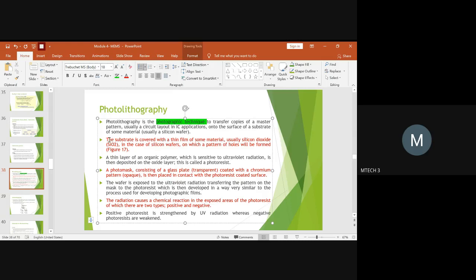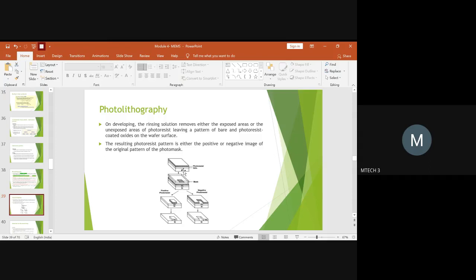The substrate here is covered with a thin film of some material, which I told you is silicon oxide. I told you the use of silicon oxide also: it helps to provide a grip between the substrate and the thin film. Hence, it is always essential to use an adhesive layer. This adhesive layer depends upon the substrate you are using.